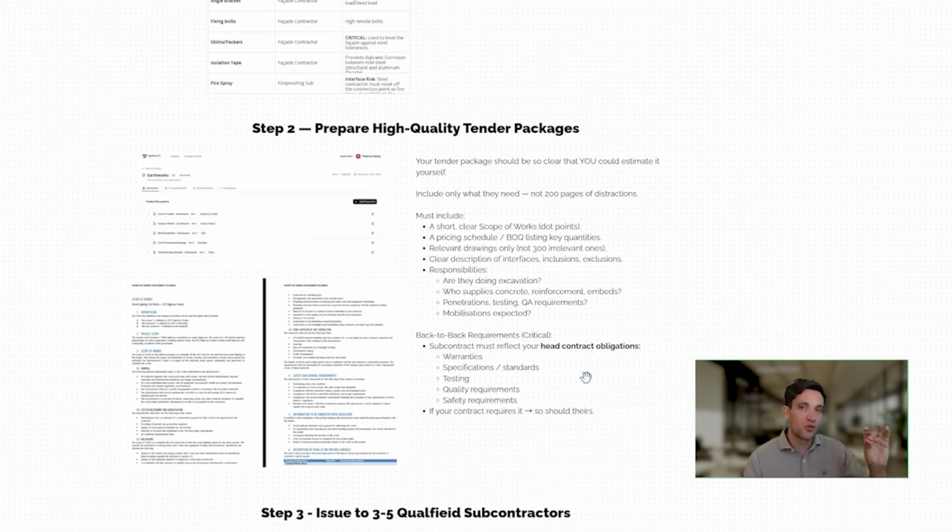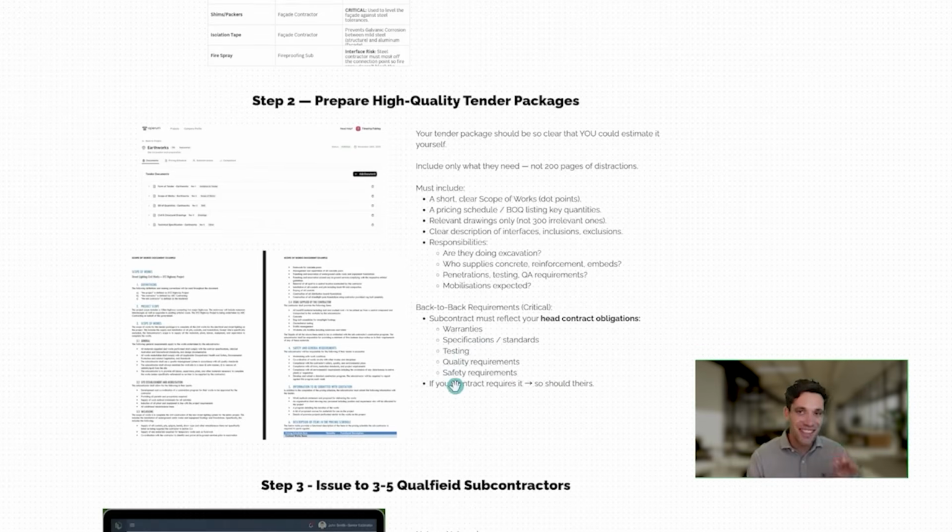If you are responsible for a certain concrete testing specification, you want to make sure your subcontractor has access to that specification and they're pricing to do that sort of testing. Basically, anything you are responsible for in relation to the package of works relevant to your subcontractor, you want them to also be responsible for. That's referred to as back-to-back contracting and is an essential contract management and risk management exercise.